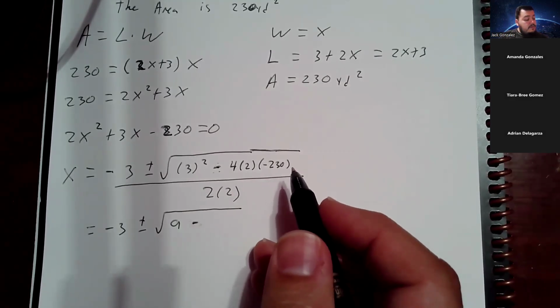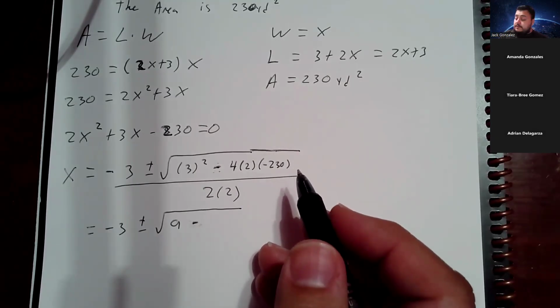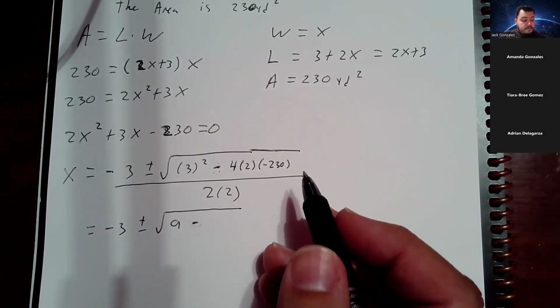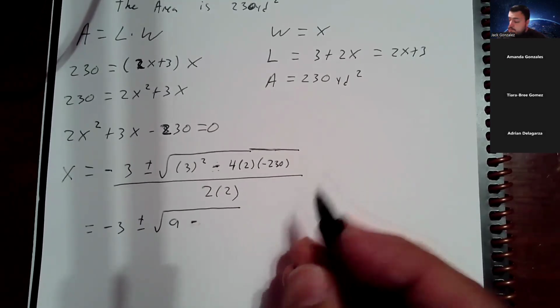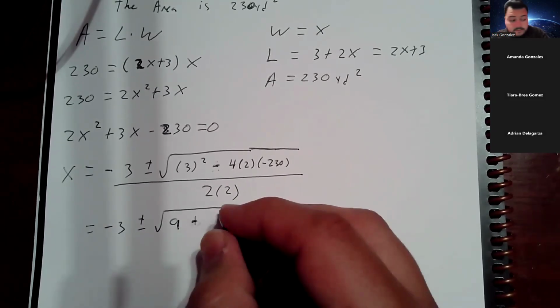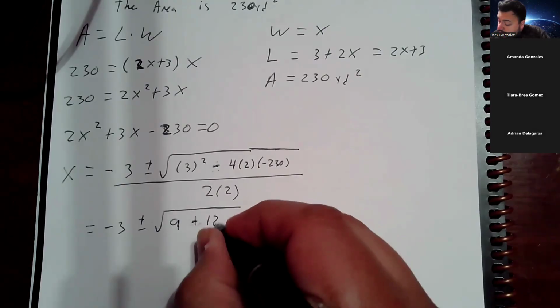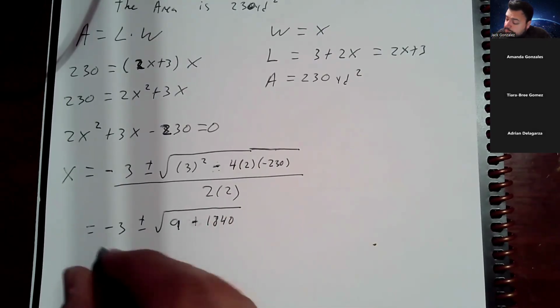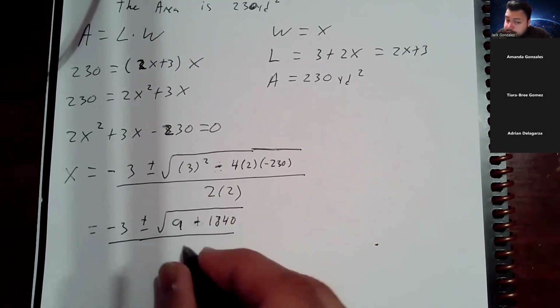Let's get the calculator out. Going to be positive 1840 over 4.